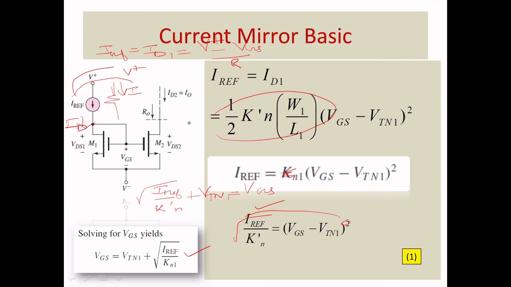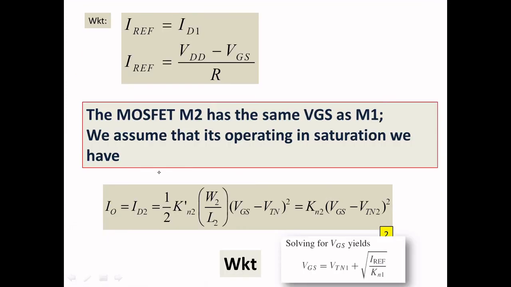So your I0 current will obviously be 1 by 2 K dash N W by L2 times VGS minus VTN whole square. That whole function can be written as Kn2 times VGS minus VTN whole square. Already we learned that VGS is VTN1 plus square root of IREF by Kn. Now I want to substitute here. Another thing: when you are designing the current mirror, we want to consider that both are matched.